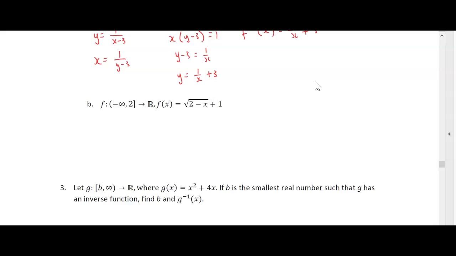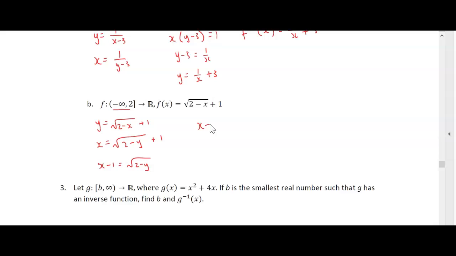Okay, so again, we've got the restricted domain because we can't take the square root of a negative number. So we've got y equals the square root of 2 minus x, plus 1. So what we do first is switch x and y. So x minus 1 equals the square root of 2 minus y.